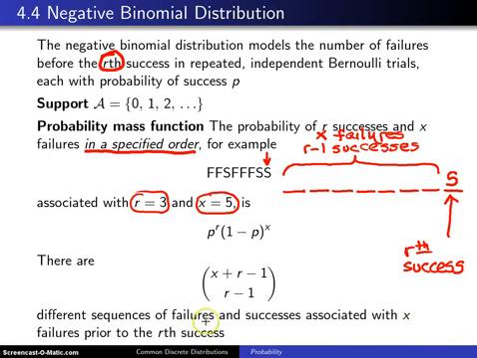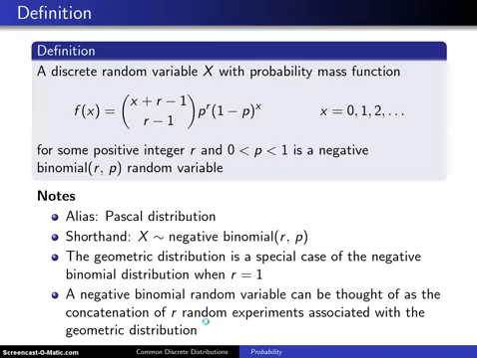Now basically that derivation right there is going to lead us to a definition of the negative binomial random variable, and here it is. A discrete random variable x that has probability mass function f of x is equal to (x plus r minus 1 choose r minus 1) times p to the r times (1 minus p) to the x for x equals 0, 1, 2, etc. for some positive integer r and some probability of success on each Bernoulli trial that lies between 0 and 1.